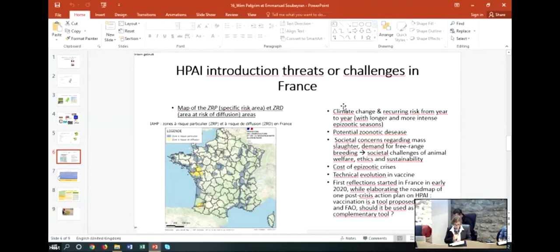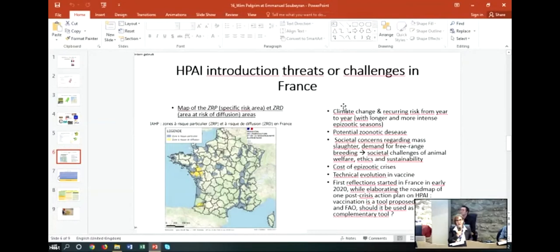The risk zones linked to high density, where the risk of spreading is the most important, are ZRD. You have two: one in the southwest, Les Landes, with a lot of ducks there for foie gras, and also in Pays de la Loire, in Vendée, where there is also a high density farm zone.